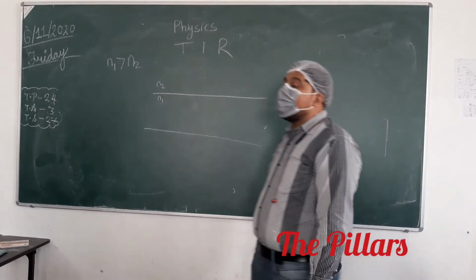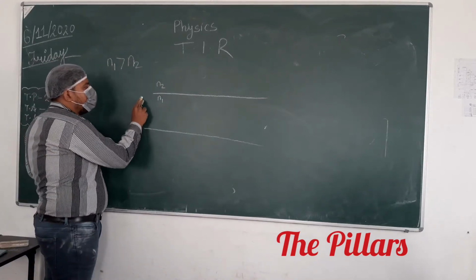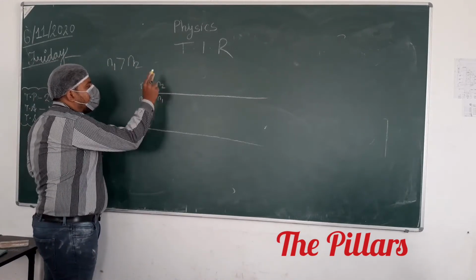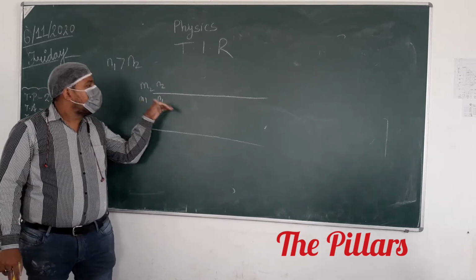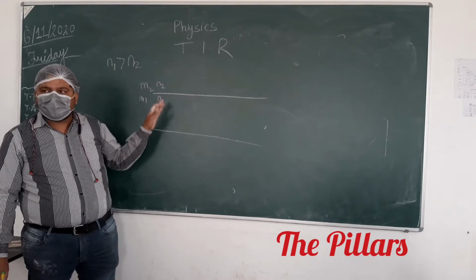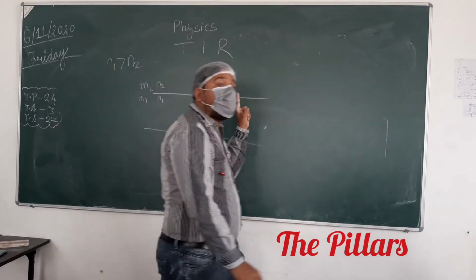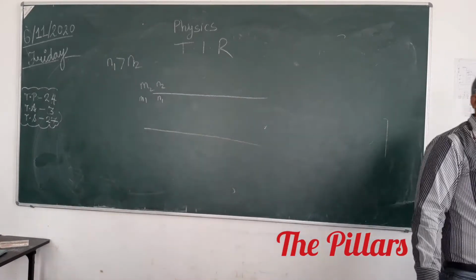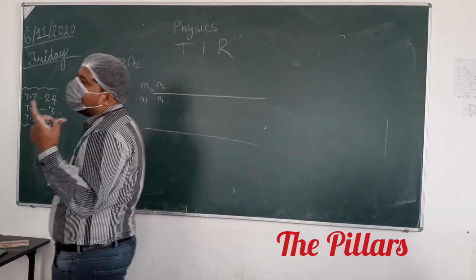So if we pass light from medium, say M1 to medium M2, light will travel from denser to rarer medium. This is the condition for total internal reflection to take place. They can ask, what is the condition for total internal reflection to take place?